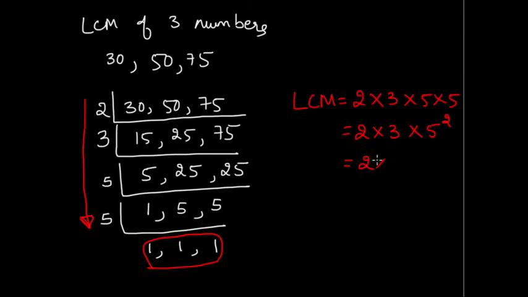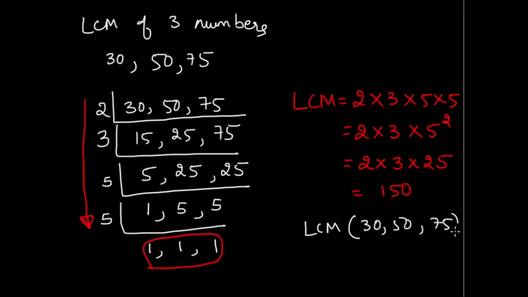Now that's 2 times 3 times 25, which is nothing but 2 times 3 is 6. 6 times 25 is 150. So the LCM of 30, 50, and 75 is 150.